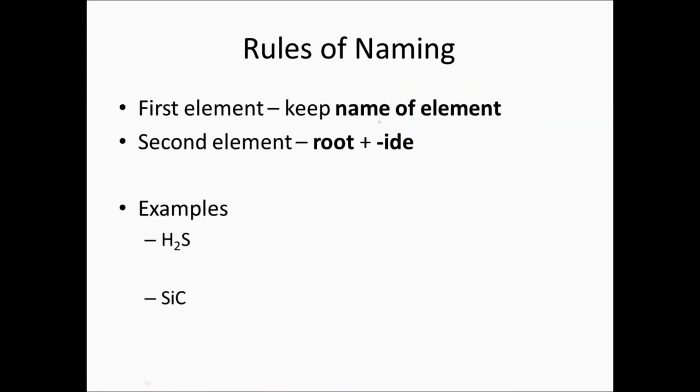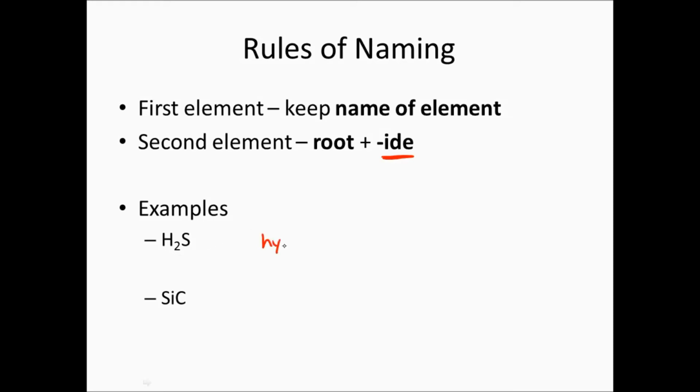Now how we do this in terms of naming is that for the first element we keep the name, as we did basically for binary ionic compounds. For the second element, just like ionic compounds, we keep the root of the element only, and then we add an ide. So for example, hydrogen sulfide. Now hydrogen containing compounds have separate rules that will be discussed separately, but we can use this as an example.